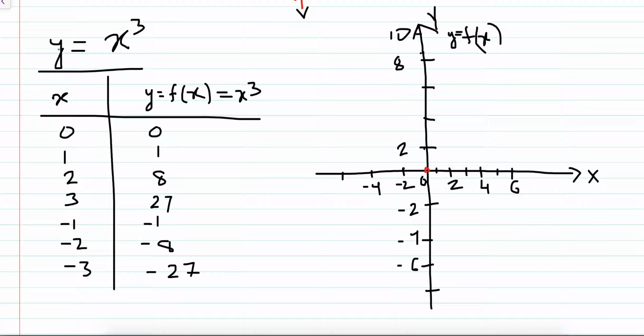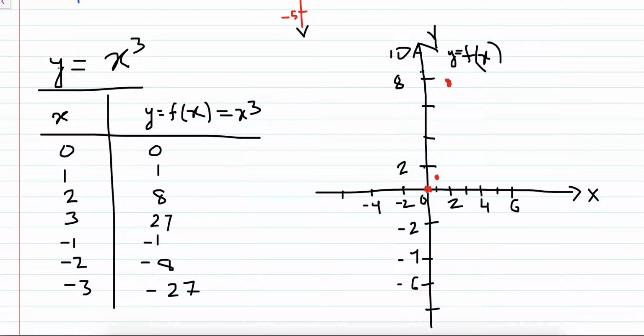So for 0 we have 0. If x is 0, y is 0. If x is 1, y is 1. If x is 2, y is 8 here, so it will come here. And for 3 it's 27. We cannot plot it. It will be far to the top.